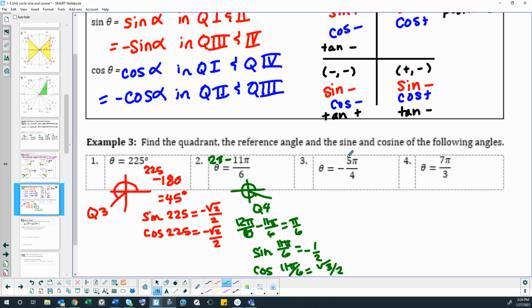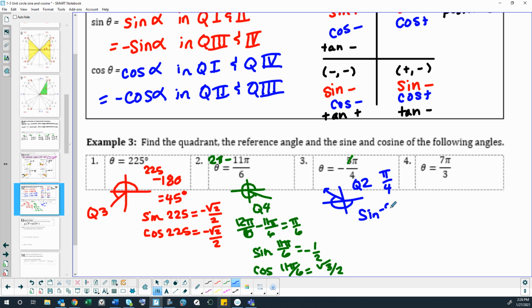All right, using our trick again, what's our reference angle? It's simply pi over 4. However, we still need to know what quadrant it's in. So negative 5 pi over 4 would go around past pi plus some, so about right there. That's in the negative direction, so that would be quadrant 2. And our reference angle, of course, is pi over 4, because that part's easy. And then in quadrant 2, sine is positive, cosine is negative.